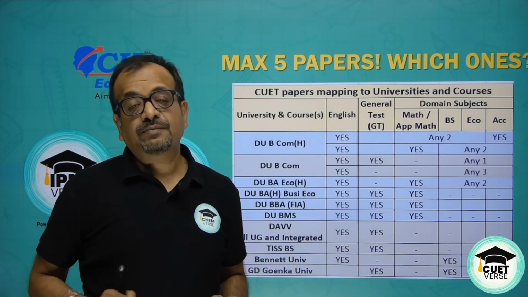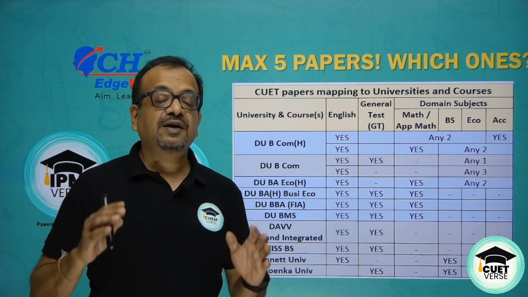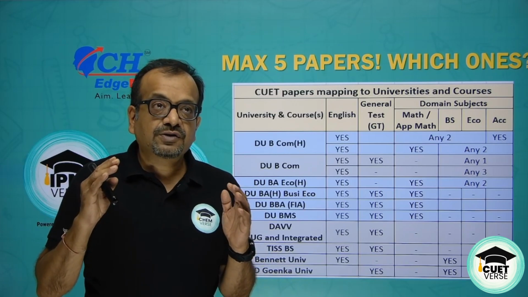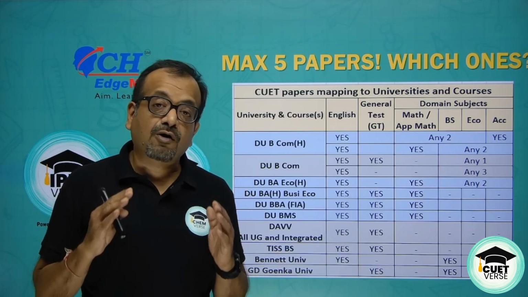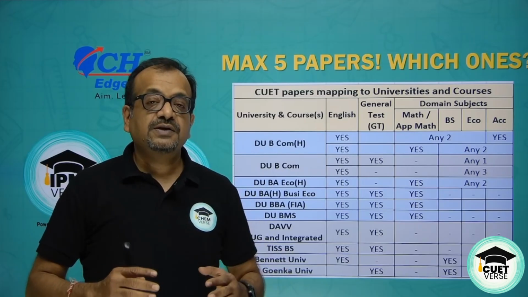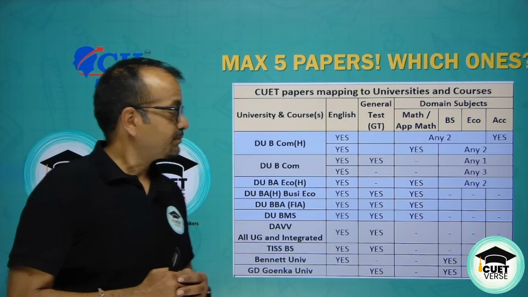One clarification, my dear friends: in this video, I'm concentrating more on courses which appear in the choices of commerce students, somebody who would want to pursue undergrad programs related to commerce and economics.